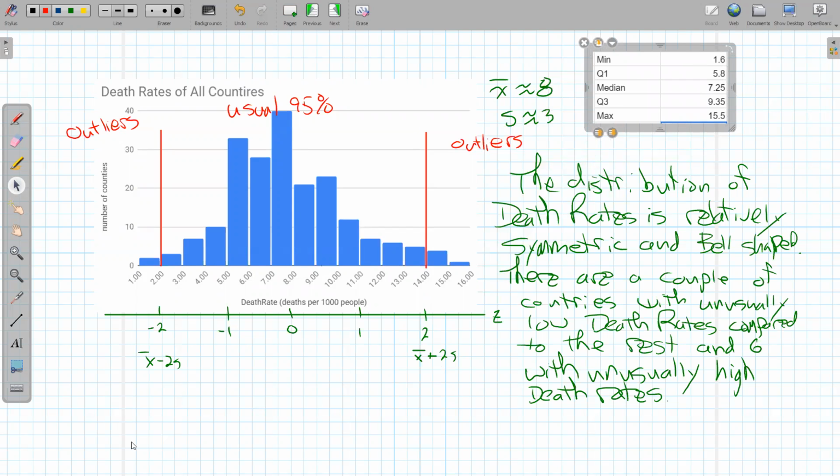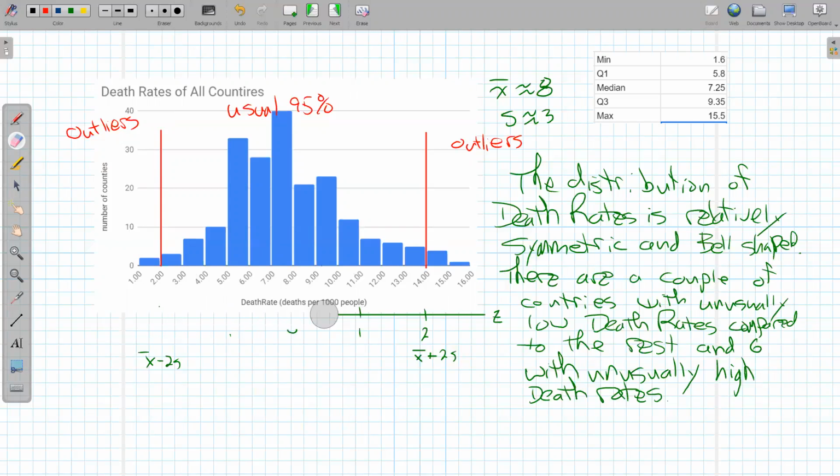All right, so what we want to do is use a number line, and the histogram already has a nice number line, so we can just go off that one right there. So for now, I think I'll pull out the z-score number line. So we're done with that for now.